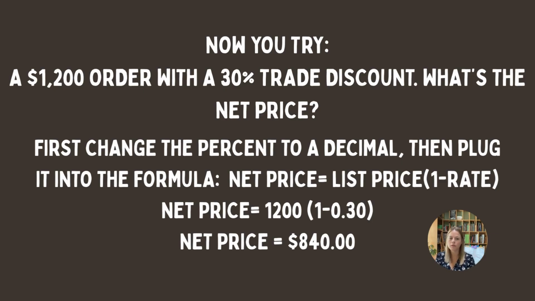Anytime you have parentheses, that means times: 1 minus 0.3. Following the order of operations, I always start with the parentheses. So I subtract 0.3 from 1, and then I multiply by 1,200, and my net price comes out to $840.